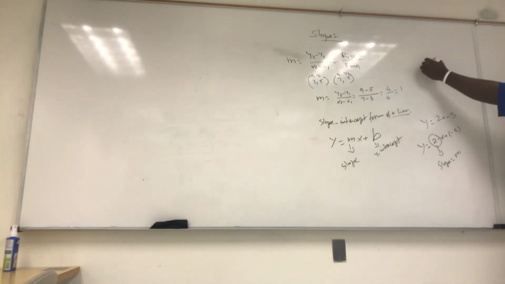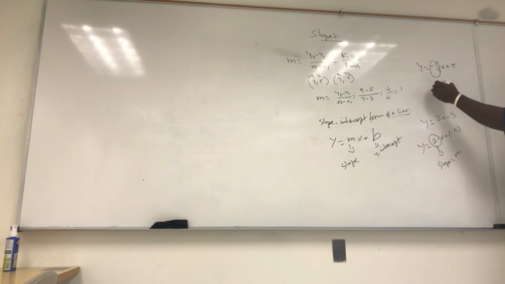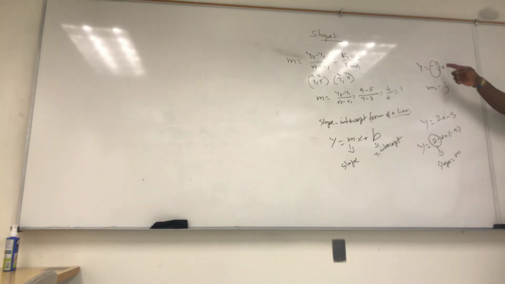So if I give you this equation, y equals negative 1/3 x plus 5, without even thinking, what's the slope? Negative 1/3. The slope is negative 1/3.